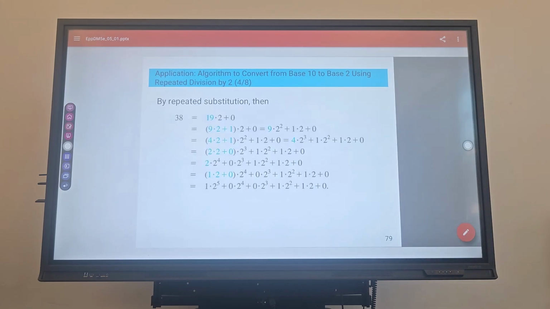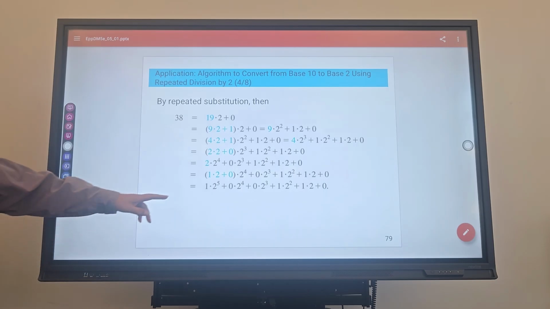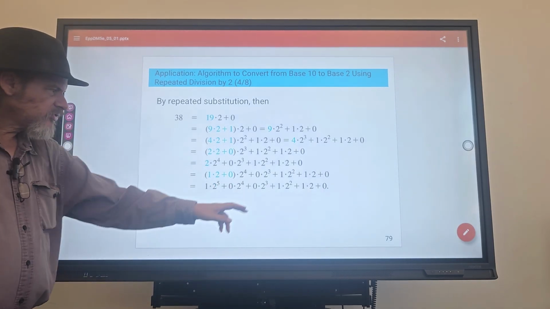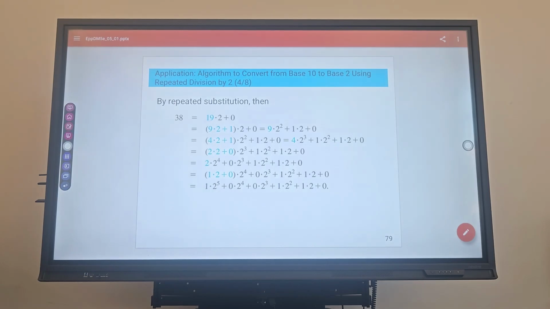Then by repeated substitution, you can see that the remainders end up being used in the powers of 2 for each position in the number.